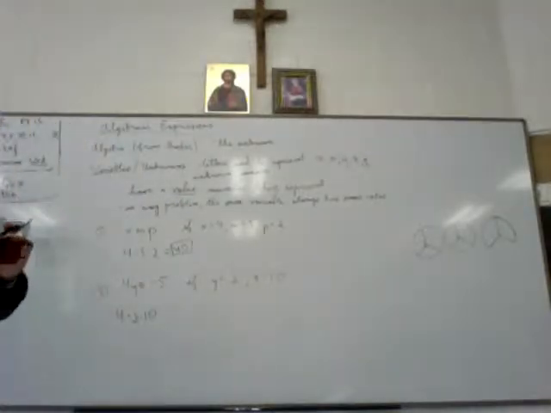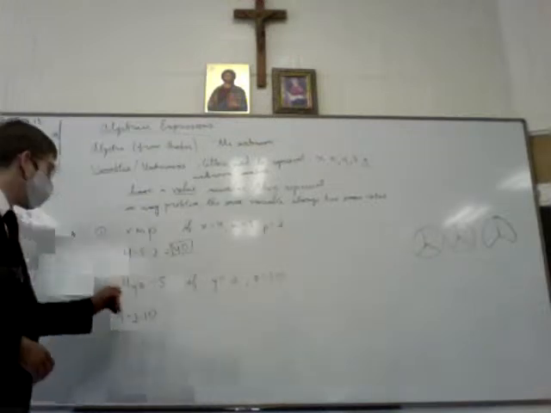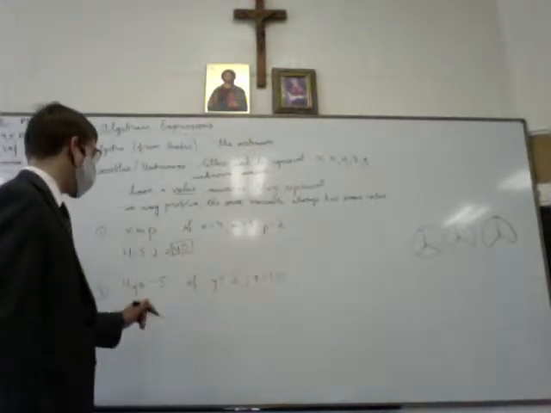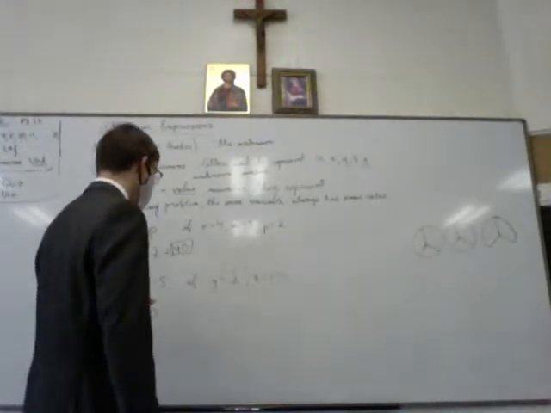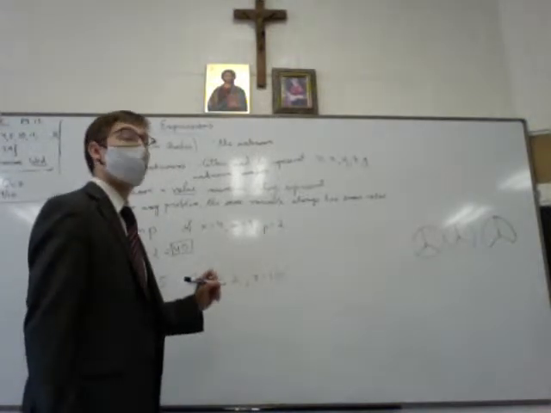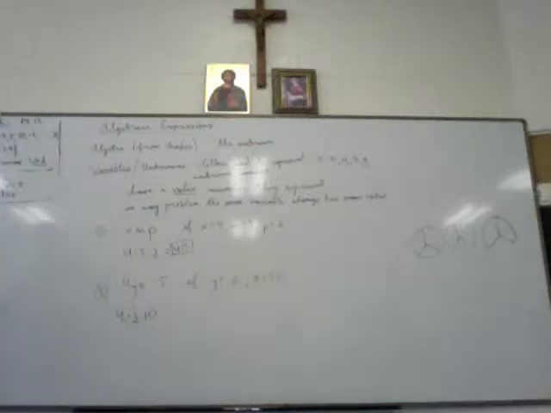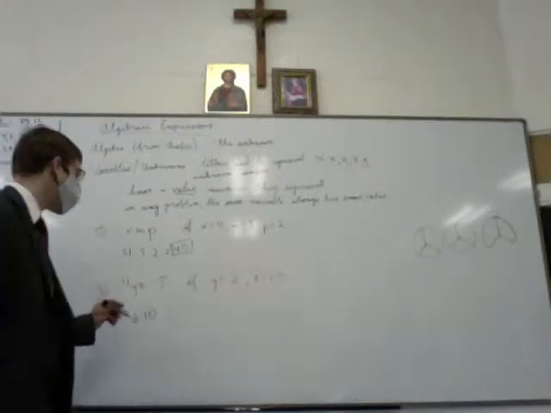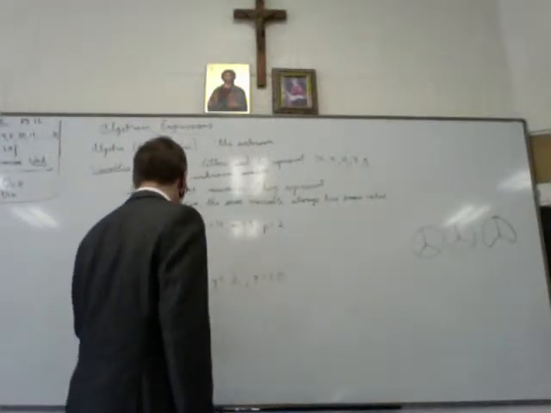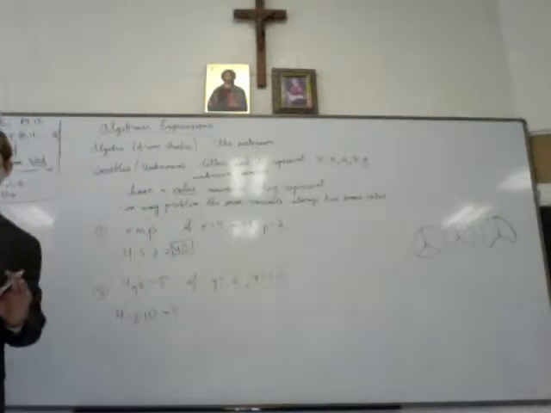Anytime that you're plugging in values for variables, rewrite the whole thing and then solve it. So 4yz minus 5 becomes 4 times 2 times 10 minus 5. Don't multiply this together yet. Rewrite the whole expression with the values in there, then calculate.